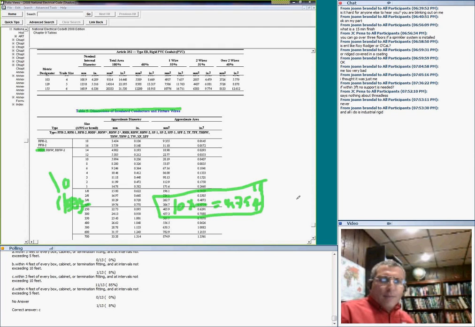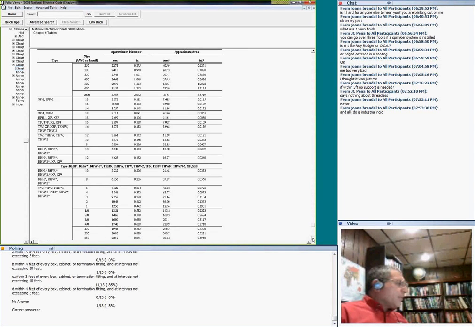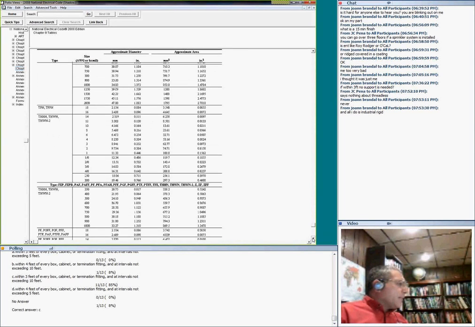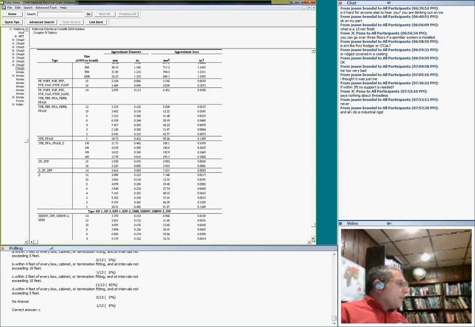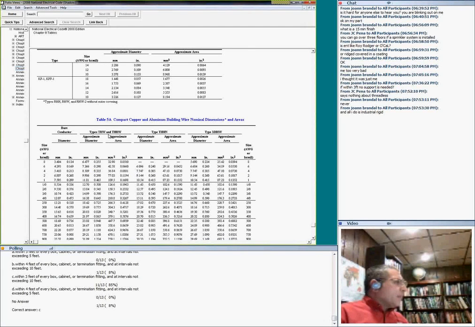The rest of them, guys, you can go here and see all the THHN and all the insulation types. I'm sure you're familiar with THHN. You're going to find the THHN cross-section area. Has anybody ever used compact conductors?